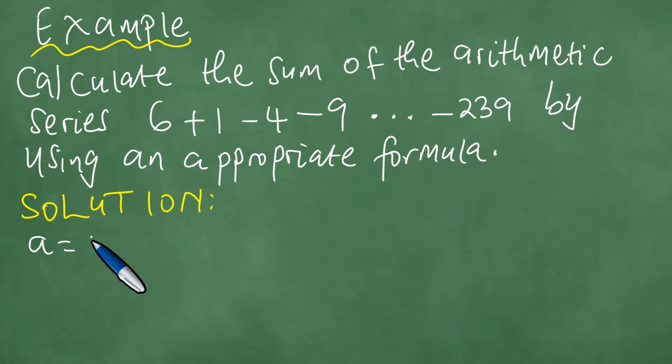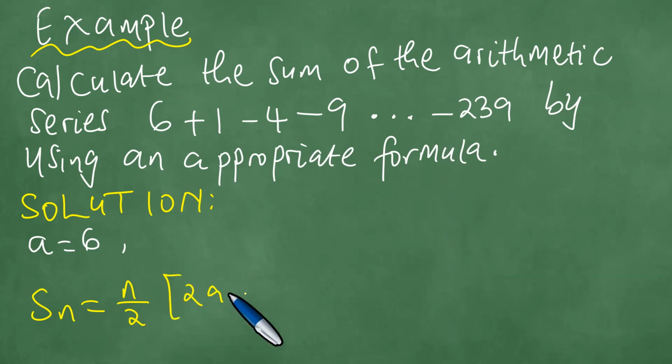The first term is exactly 6. And the formula itself is Sn equals n over 2 into twice a plus n minus 1 into the common difference.